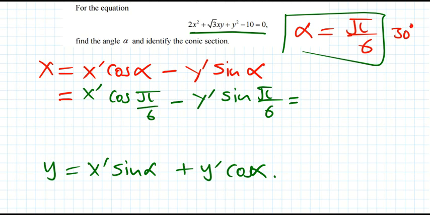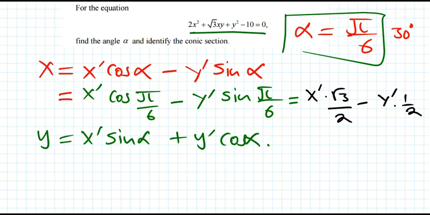So if you're thinking in degrees, you can think of that. So what's cosine of 30? That's root 3 over 2. So for the first part, we're going to have x prime multiplied by root 3 over 2 minus y prime sine pi over 6, which is 30 degrees, is 1 over 2. So we're just going to multiply by 1 over 2.